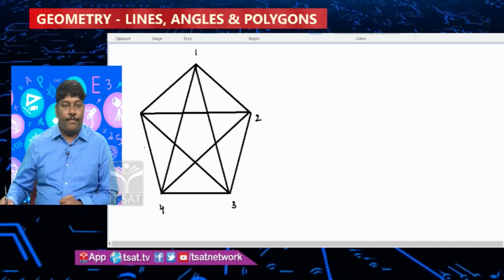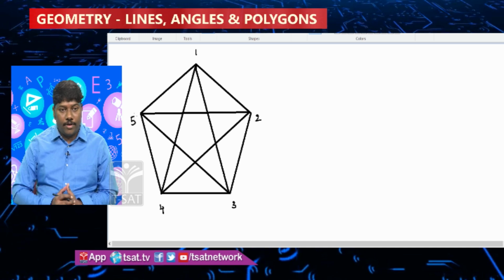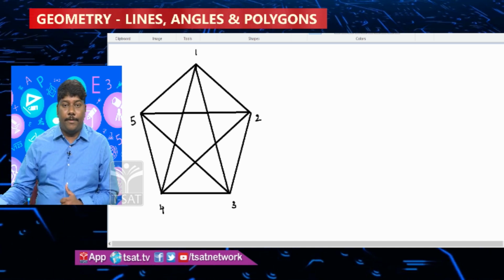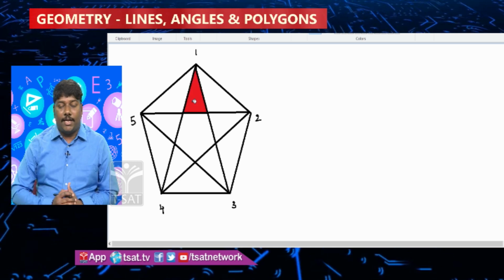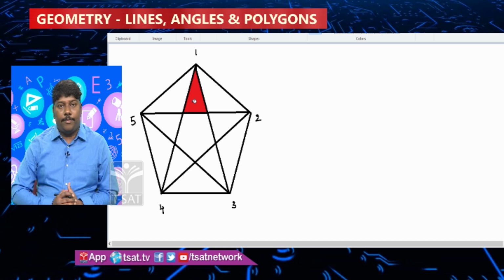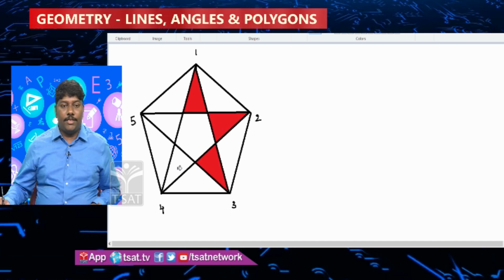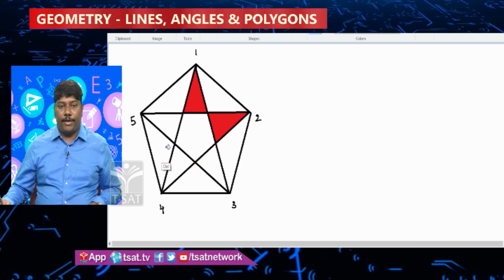I am giving you the vertices and asking for the number of triangles formed by them. See here, I would say this is a triangle, but I cannot accept this as a triangle because it is not formed by using the vertices of the pentagon. So these are not the triangles I am looking for.